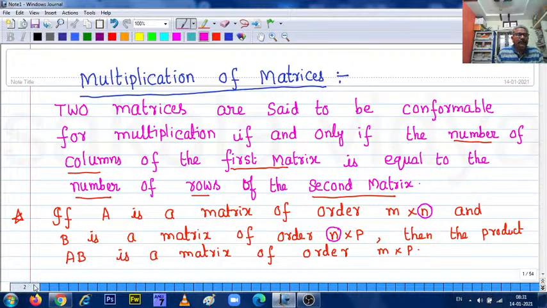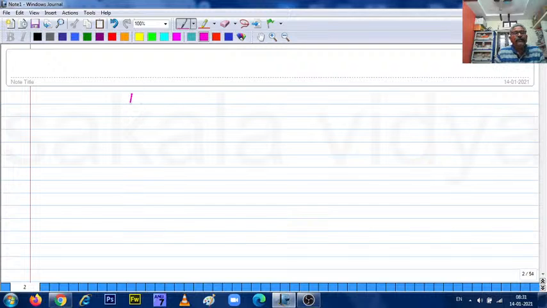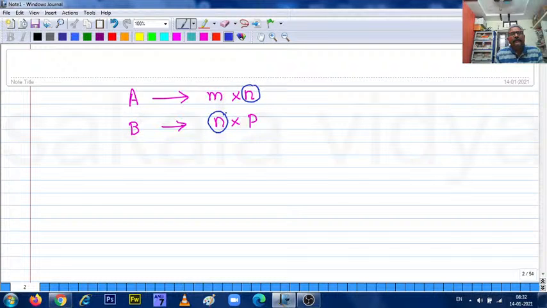So remember like this. For example, A is of order m by n and B is a matrix of order n by p. Check: the number of columns is n and the number of rows is n, so AB is defined.